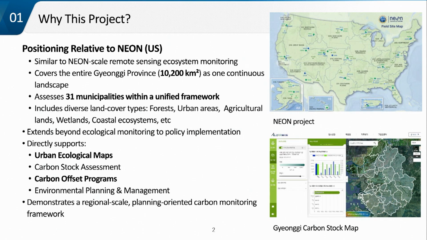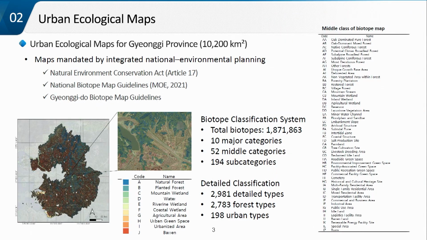This project is for making so-called urban ecological maps, designed by law and for supporting the carbon offset program in this province. So what are the urban ecological maps? Since 2019, every city government in Korea should prepare and use this map in many environmental planning issues.